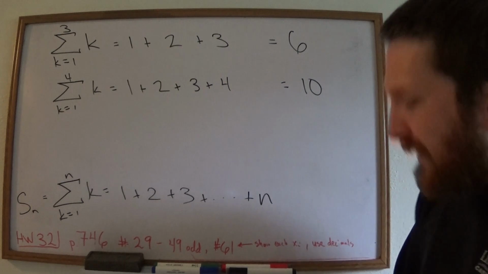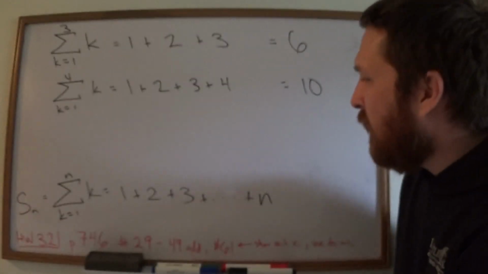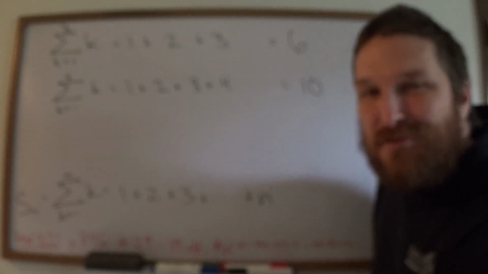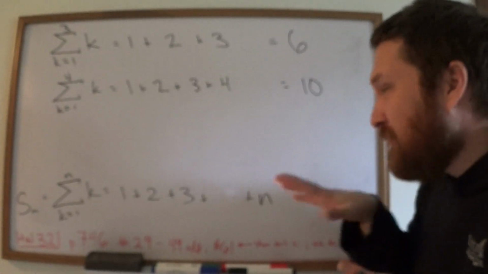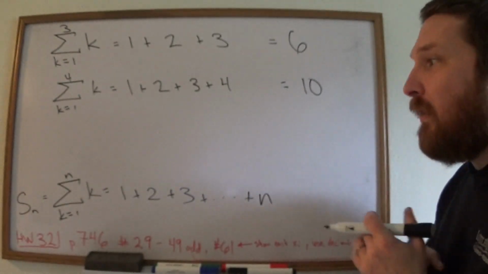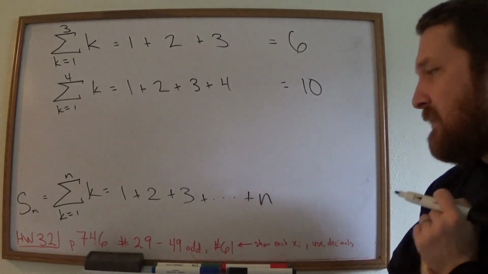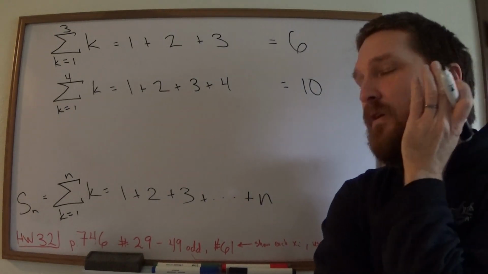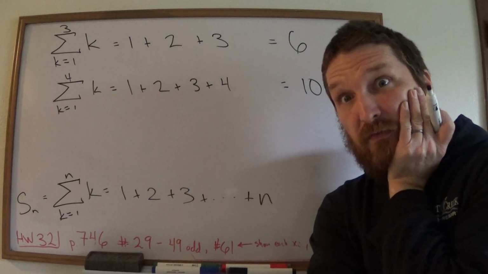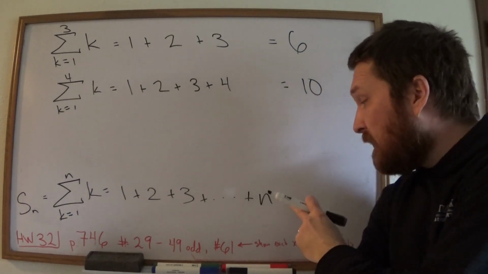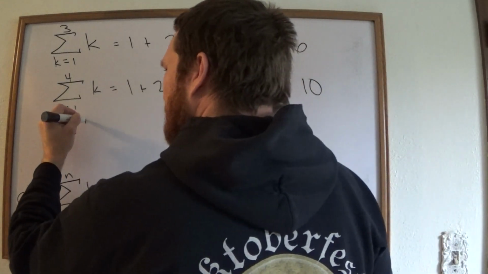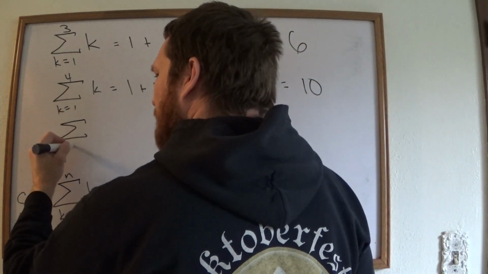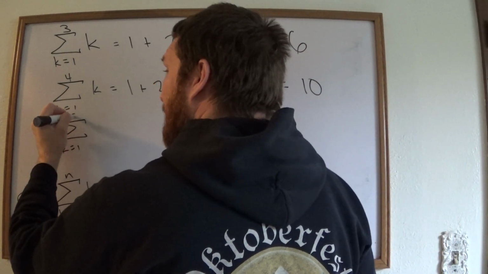I think it's pretty obvious that this thing cannot go on and on forever. It's just going to get bigger and bigger. It's not going to converge as we make n bigger, right? But here's the thing. It will be very, very useful now and in the future to have a formula for this. And if you just kept computing these, let's go k equals 1 up to, say, 5 of k.